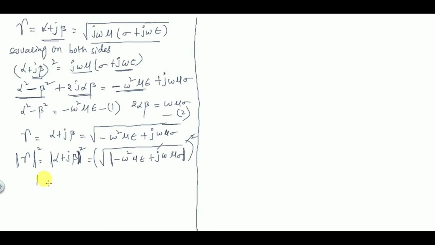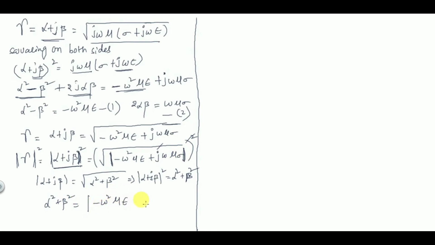The modulus of alpha plus j beta is the root of alpha square plus beta square. Now we have the square of this, so the modulus of alpha plus j beta whole square is alpha square plus beta square. So in the place of this I am writing alpha square plus beta square, which is equal to the modulus of minus omega square mu epsilon plus j omega mu sigma.